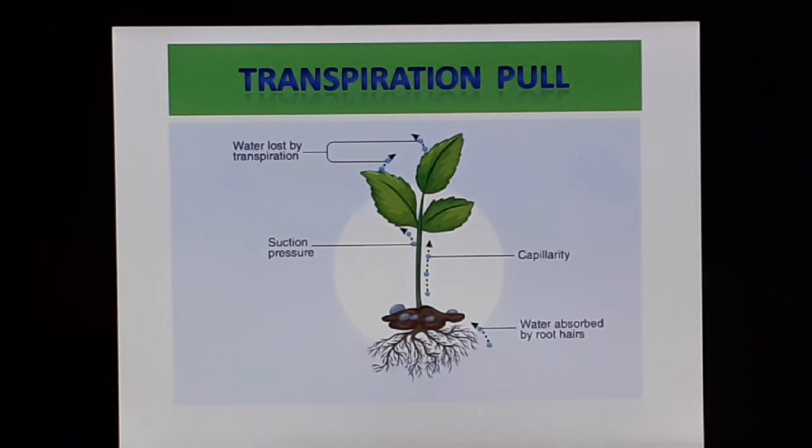The water which is lost through the stomata is replaced by water from the xylem vessels in the leaf. This is because the evaporation of water molecules from the cells of the leaf creates a suction which pulls water from the xylem cells of the roots.